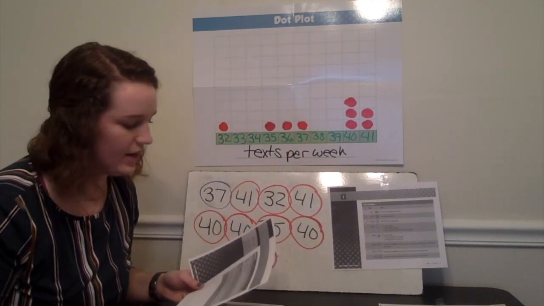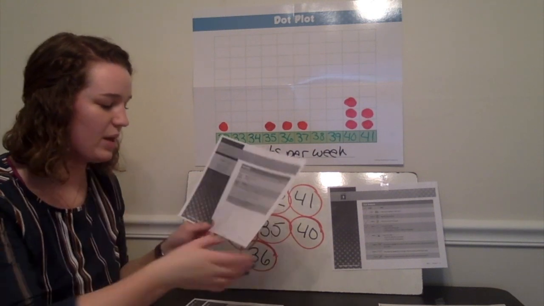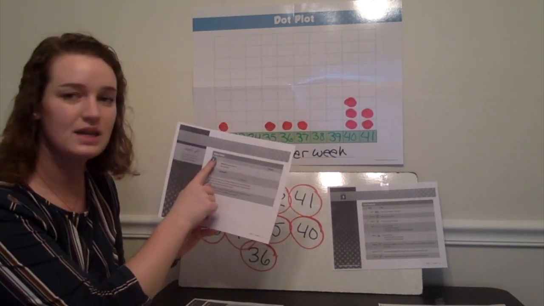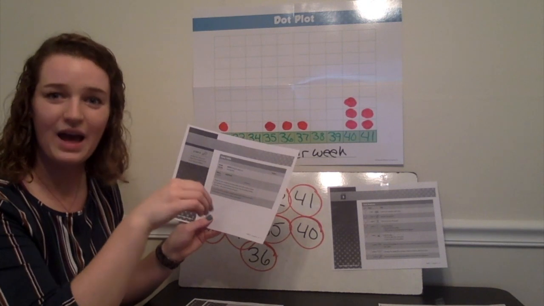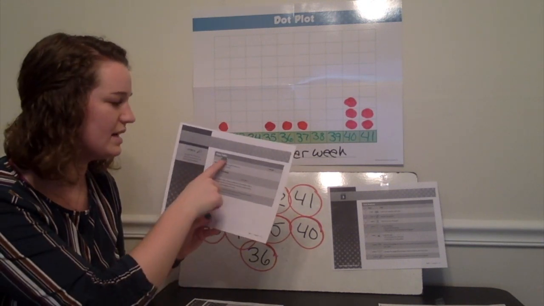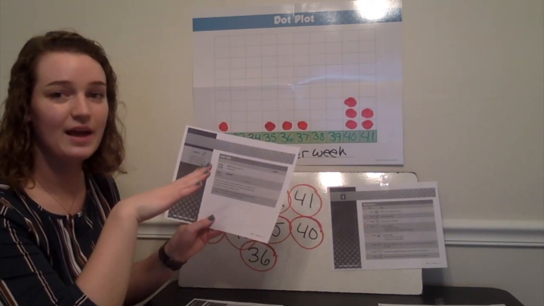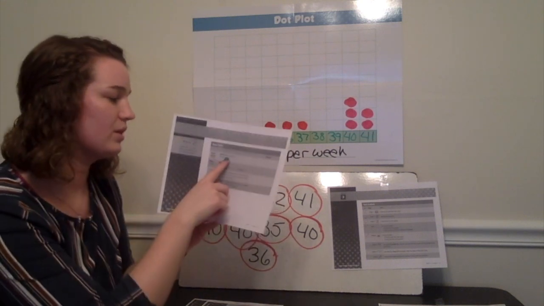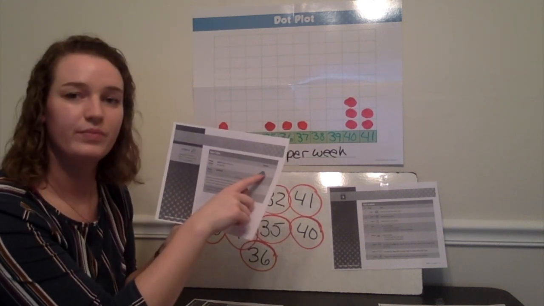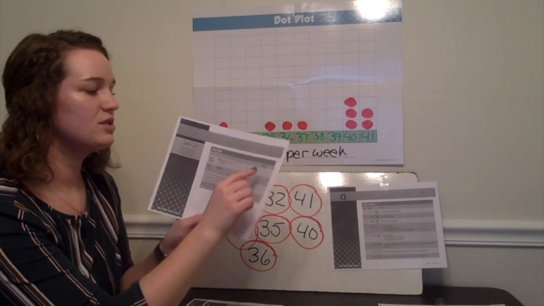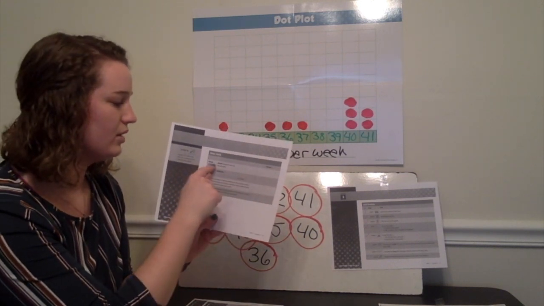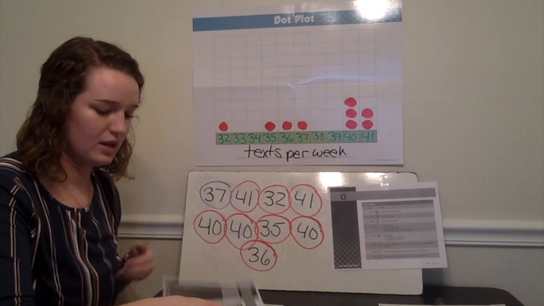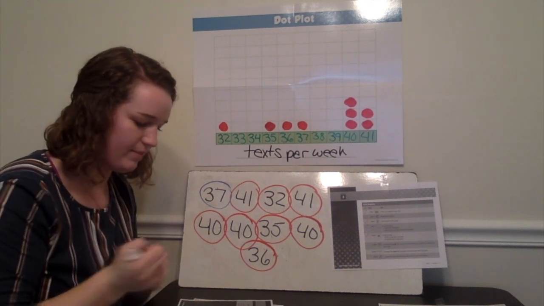All right. Gary and Ashlyn, you should have another paper that says page 13 data table, another Ziploc bag that says page 13 data table. And we're just going to take out the number that says 40 because we're going to put that on our mode. Okay? So Perrin and Alexis, you can go ahead and write 40 right here where it says mode. That'll be our first one, 40.